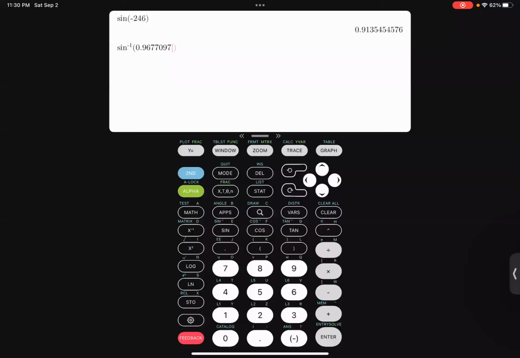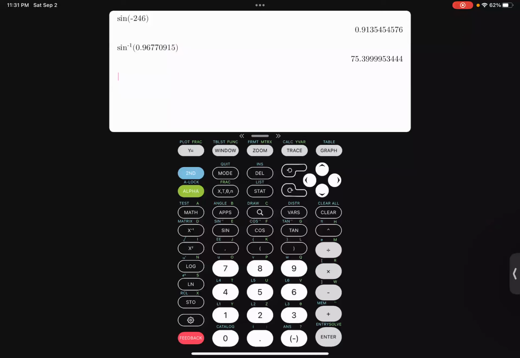Click delete if you insert the wrong number. Let me compare with my notes. 0.96770915. Okay, hit enter.